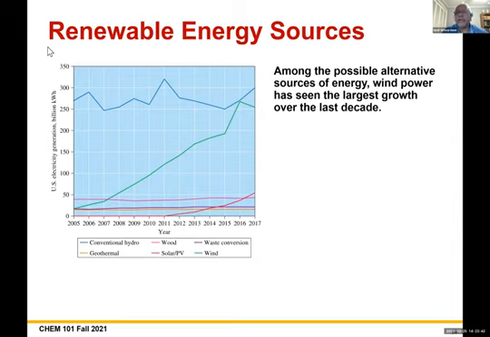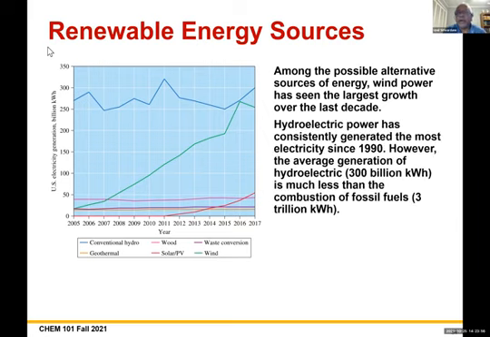Among the possible alternative sources of energy, wind power has had the largest growth over the last decade. That's the green line. The blue line is hydropower. Hydropower has consistently generated the most electricity since 1980.